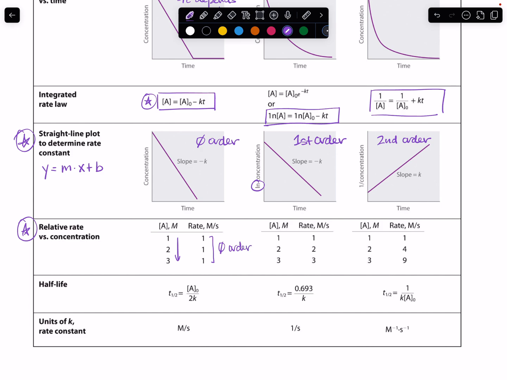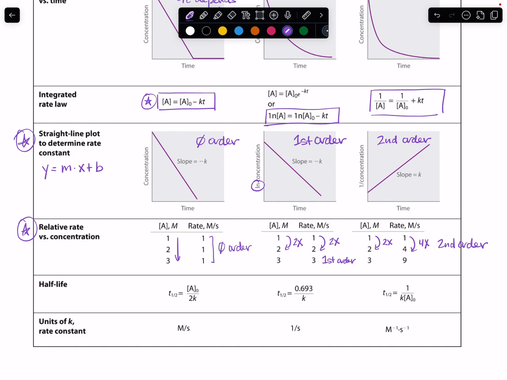If we move from here to here and we see an increase of 2 in our concentration, and we look from here to here and we see an increase of 2, that tells us this is first order. Over here, if we increase the concentration by a factor of 2, but we see an increase by a factor of 4, then we know that is second order. So that's another way to determine the order.